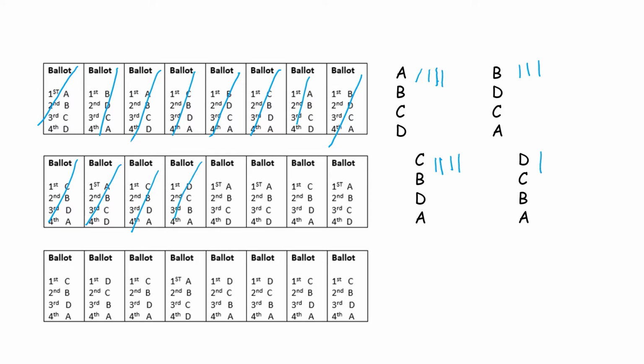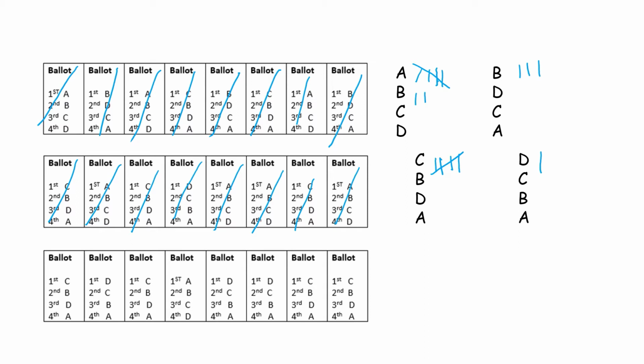We have another ABCD. One more ABCD. The next one is CBDA. And the last ballot on the second row is ABCD.